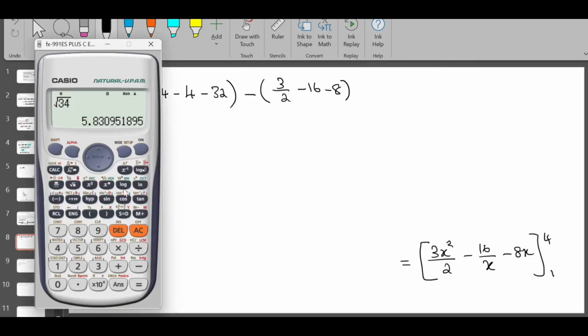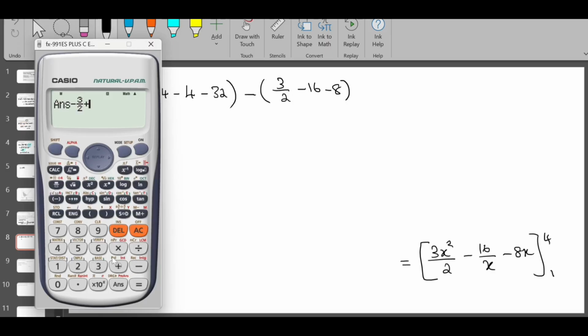Let's calculate this now. So 24 minus 4 minus 32, which is minus 12. 4 square is 16 over 2 is 8. 8 3s are 24. 16 over 4 is 4. 8 4s are 32. Minus 12, and then minus 3 over 2.